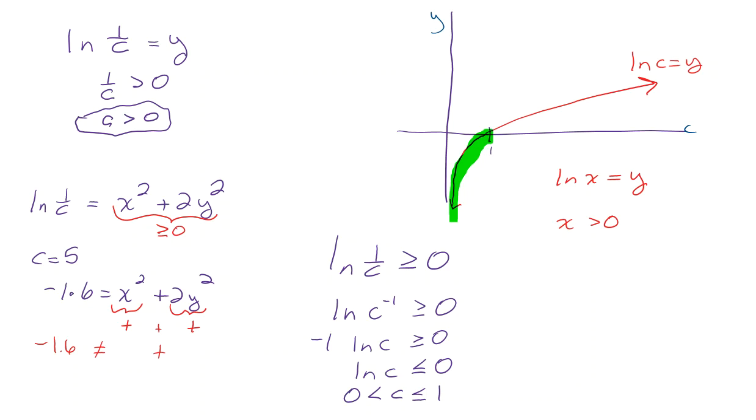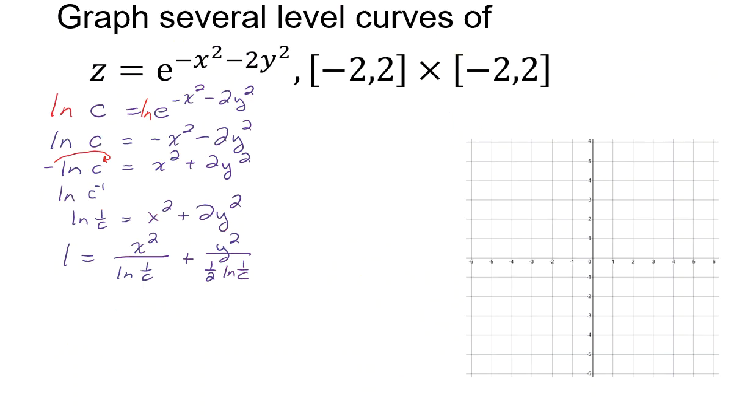All right, that was a lot of work just to figure out that for this problem, when we're thinking about level curves, we only have level curves when c is between 0 and 1, including 1.